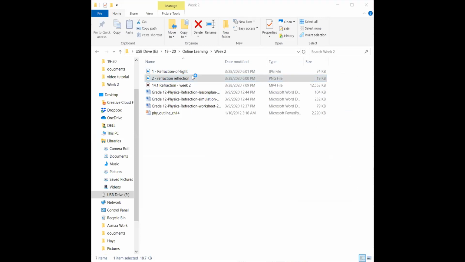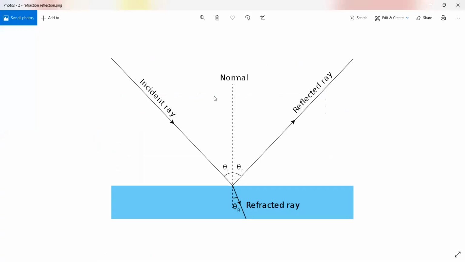Now, in this worksheet, just give me a second. Yes, the photo here. Now, if you remember, when we studied about incident ray and reflected ray, we studied the angles, we studied application of having reflection. We studied refraction this week and week number 1, so you will be able to compare between them.